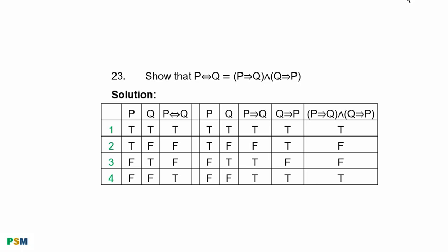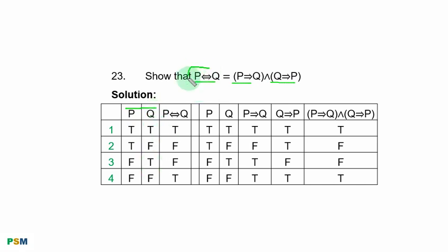Example 23. Show that P if and only if Q is equal to if P then Q and if Q then P. Solution: you draw the truth table with the two simple statements P and Q and the usual arrangement.